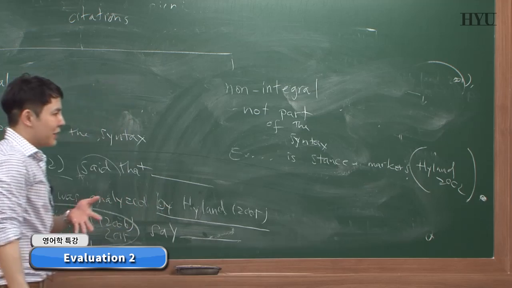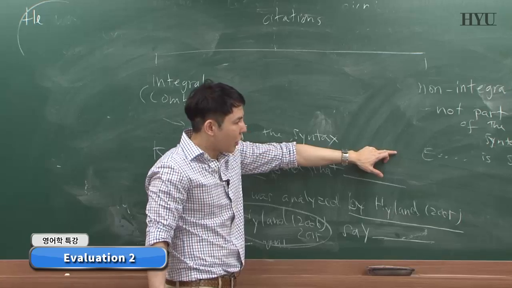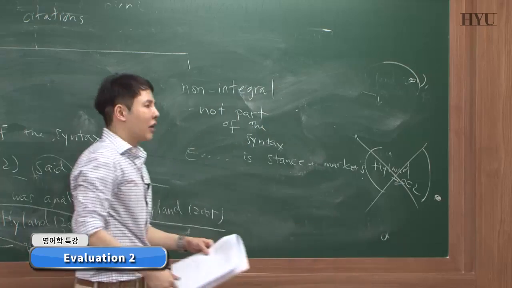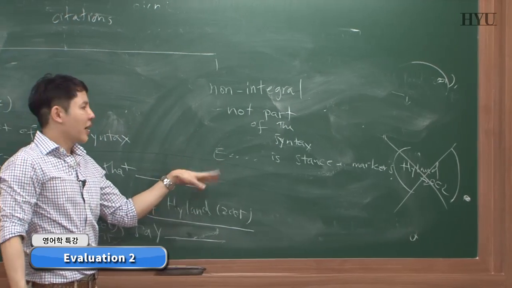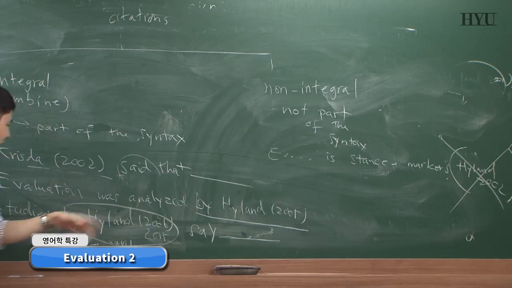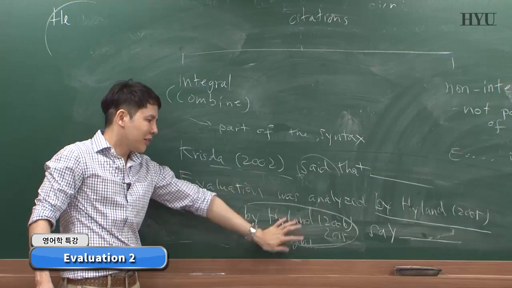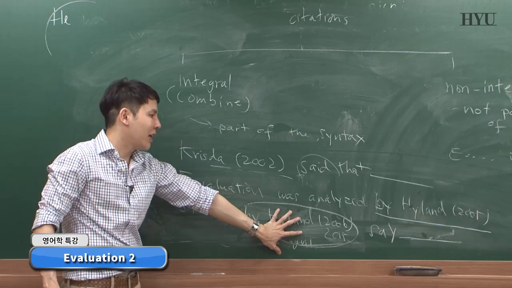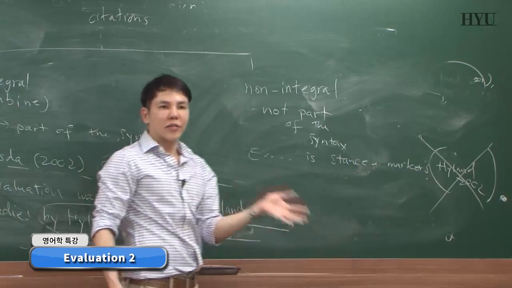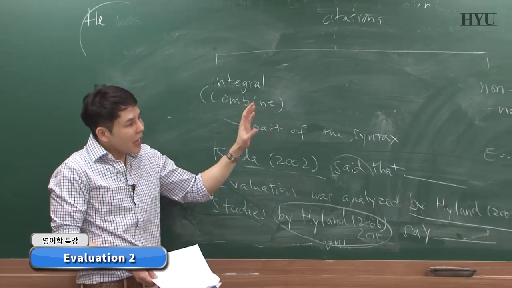That might be some of your questions. But if you take out the Highland part, then everything sounds perfect: evaluation consists of stance and engagement markers. Unlike here, where it's part of the syntax. The syntax is by. If you take out that citation, then studies by say that doesn't work. But for the non-integral, if you take it out, the sentence still works because it's not part of the syntax of the sentence. That's just extra information.